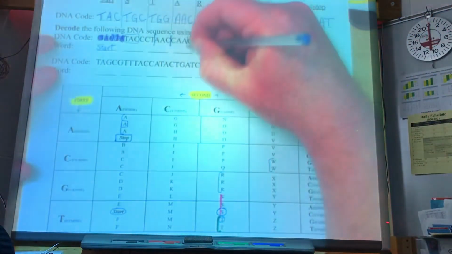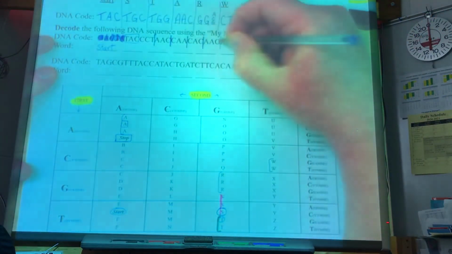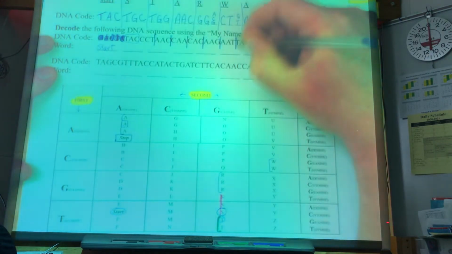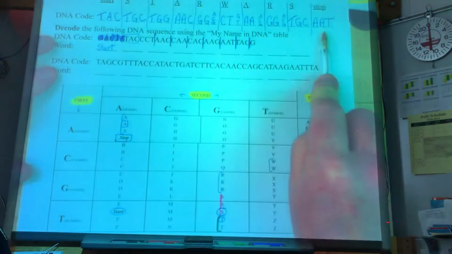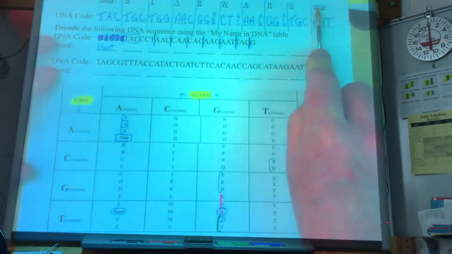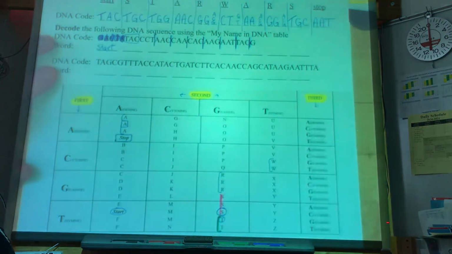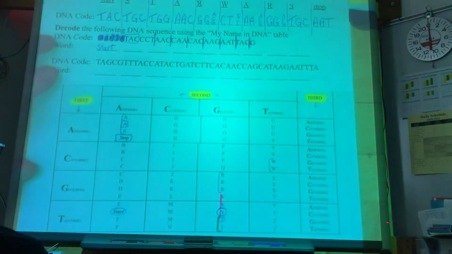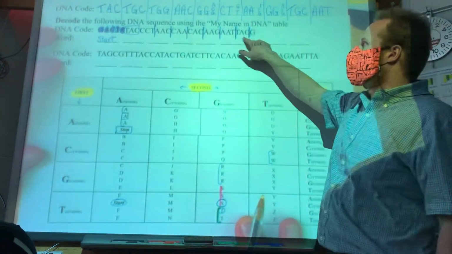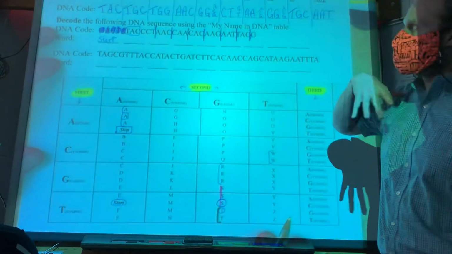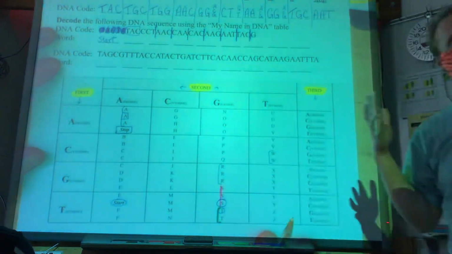We are going to keep spelling our word until we get to an AAT, our stop codon. Now, in this particular case, it may not be the very last three-letter combination. Maybe it's a little early. I guess we'll have to wait and see. The suspense.